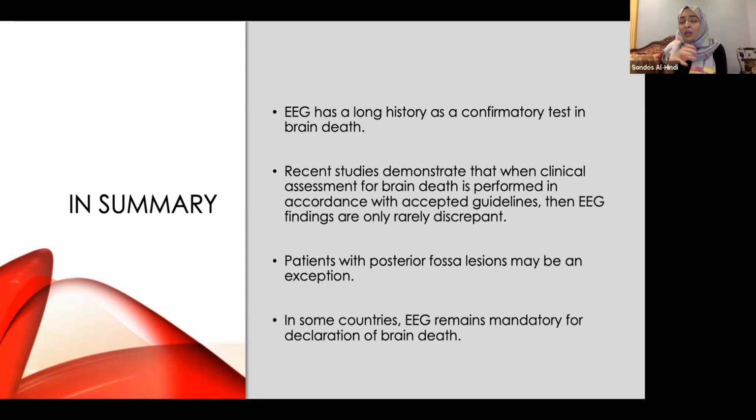Posterior fossa lesions can also show you different forms of coma on EEG. These comas would have a very poor prognosis, but would not be an isoelectrical inactivity, just like spindle coma because of the reticular activating system. Alpha coma, these have very poor prognosis. However, on EEG criteria, you cannot say that they're brain dead. And in some countries, EEG still remains a mandatory test for declaration of brain death.